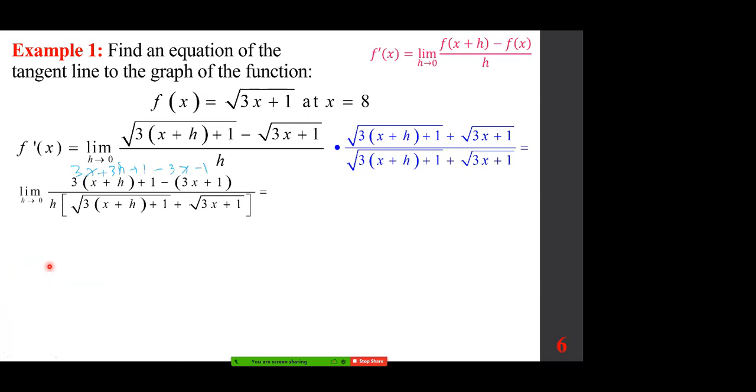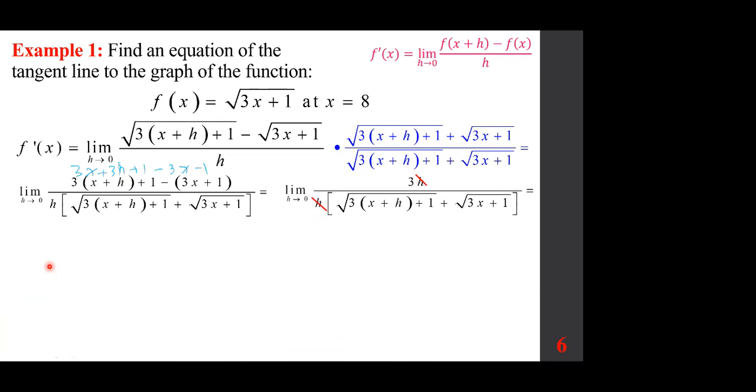And so that is a very straightforward question. You get rid of everything, you end up with 3h in the numerator. So h cancels out. And you have the limit of 3 over the brackets as h approaches 0.